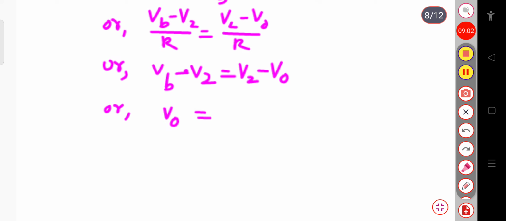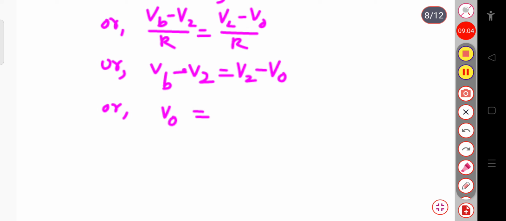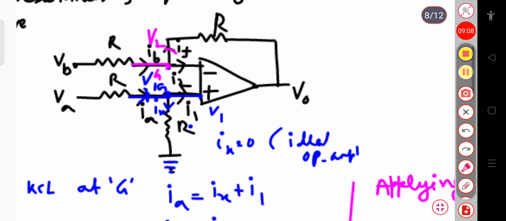from the concept of the virtual ground, we can consider V1 equal to V2. Since this terminal is connected to the ground, the voltage V1 is equal to the voltage you will find across this terminal. So we can simply put V1 equal to V2.